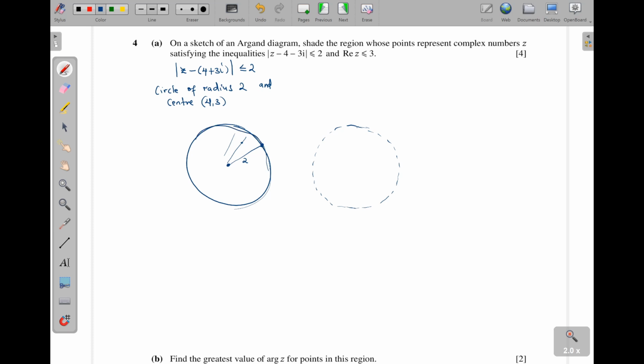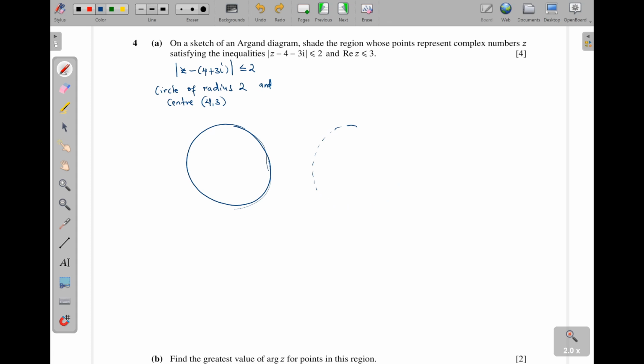So that's why this one happens to be bold. But if it is for less than, we only want the points inside here. We don't want the points on the circumference, because they are exactly 2 units from the center. You see that? So we are not going to have it there.